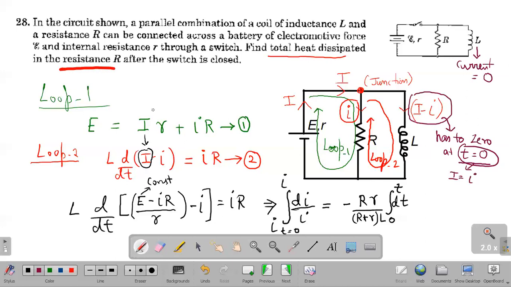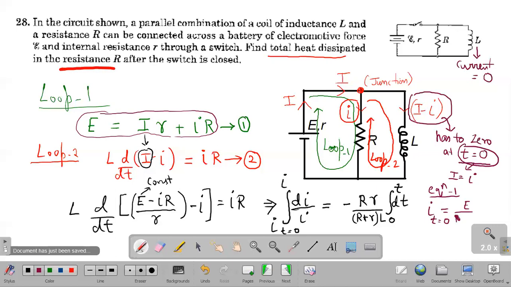Now follow the first equation and substitute capital I equal to small i. So from equation 1, the value of small i at time t equal to 0 will be E divided by capital R plus small r, because in that equation capital I and small i are both equal at time t equal to 0.